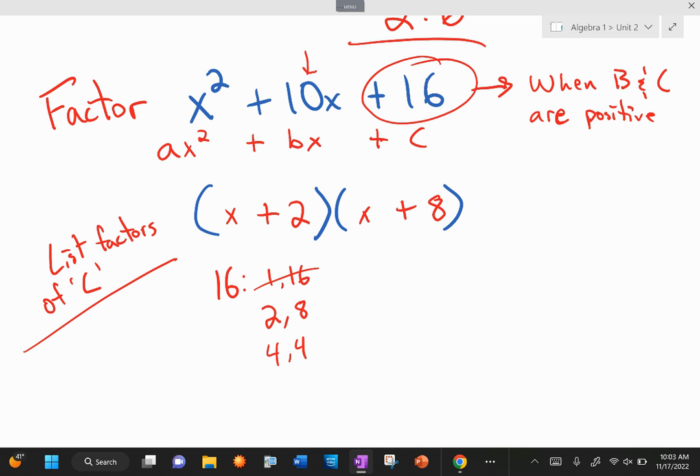X. That's it, if you're only factoring. Now we could take this a step further. When I say we could, I mean we will. And how would you solve for x? We've just done it.